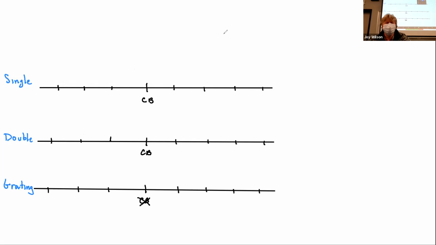Okay, so orange light. We'll do orange light today. So we see a wide central bright, and then we see a smaller peak, and then we see it peter out.